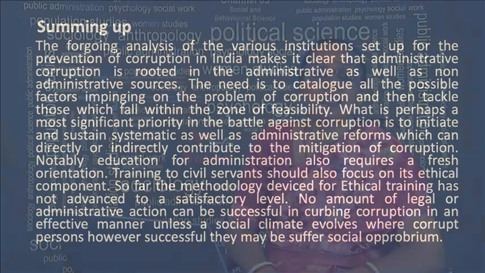So, students, after analyzing the various institutional mechanisms for the prevention of corruption like the Central Vigilance Commission, Central Bureau of Investigation, the Comptroller and Auditor General of India, and the establishment of the Lokpal and Lokayukt, we come to the conclusion that still much has to be done to remove the termite of corruption from the administration.